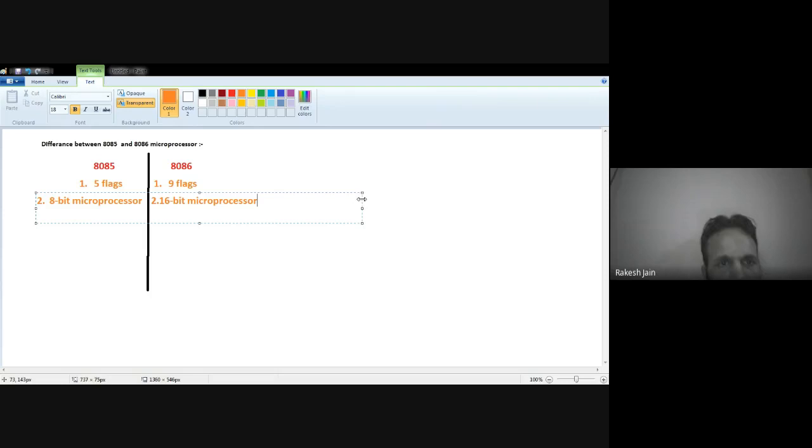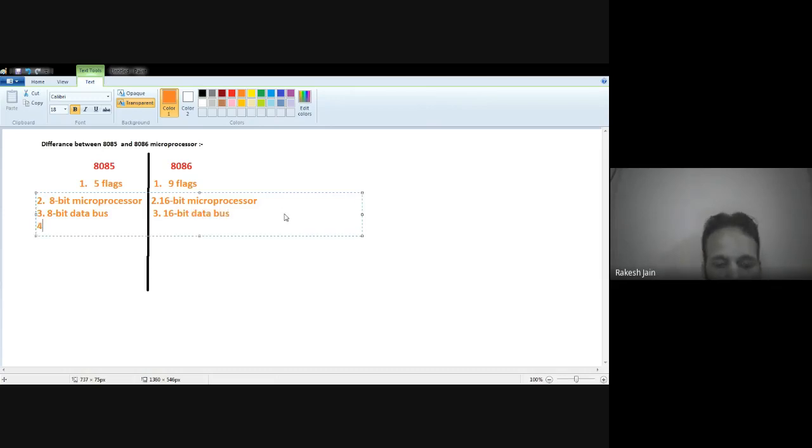The third difference is the data bus: 8-bit in the 8085 microprocessor, whereas 16-bit in the 8086 microprocessor.